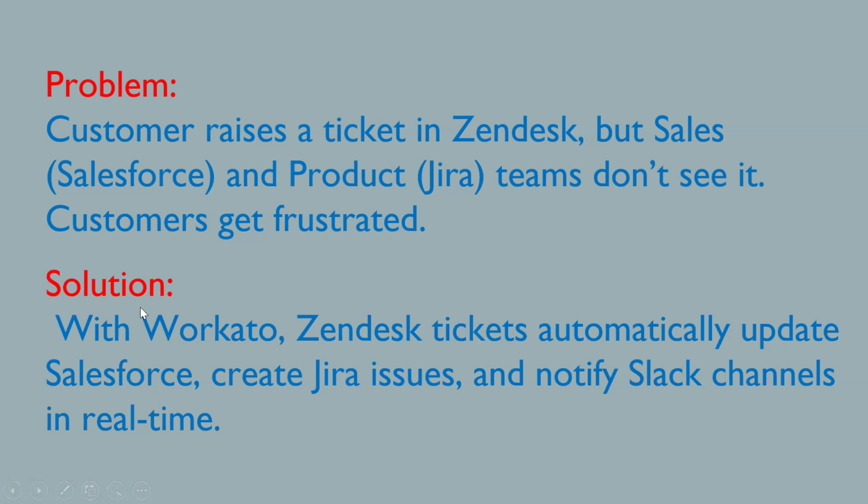To avoid all this, again, the solution is Workato. The moment you raise a request in Zendesk, the ticket automatically updates in the Salesforce system. Then they look into it, and once they fix it, it immediately reflects in Jira, where they create issues.